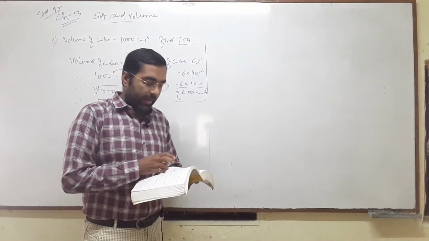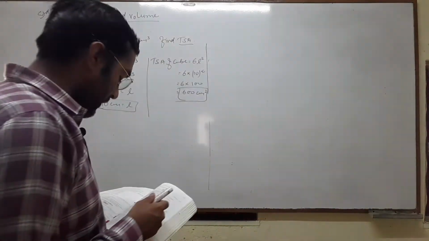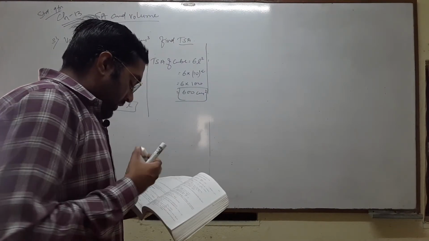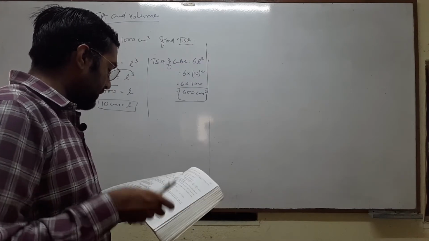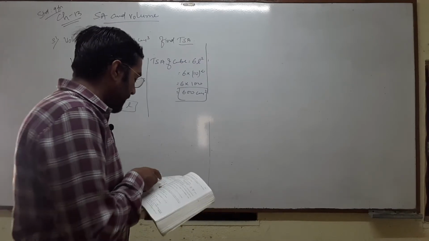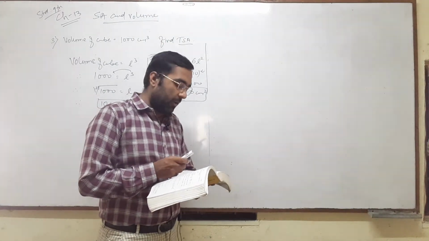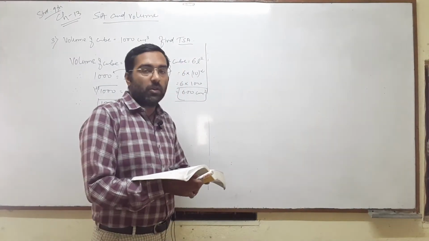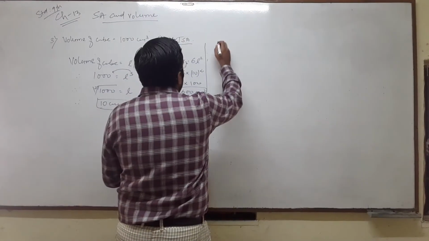My next question is, 3 metal cubes whose edge measure 3 centimeter, 4 centimeter and 5 centimeter respectively. Here the 3 metal cubes are given.